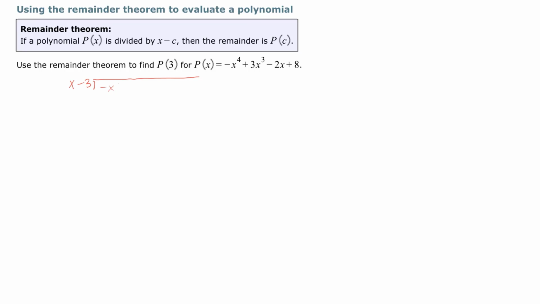So it's really this. But the remainder theorem says we can take a shortcut. And that shortcut is simply identifying your C value. Your C value here is 3.